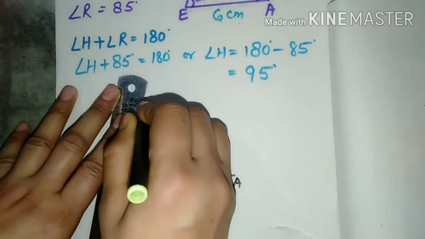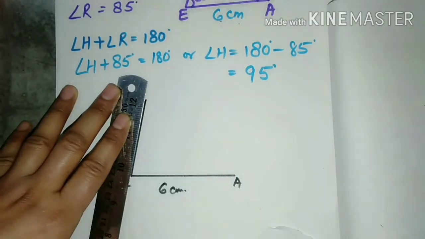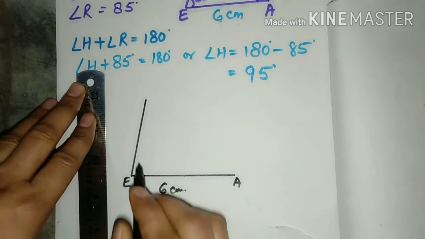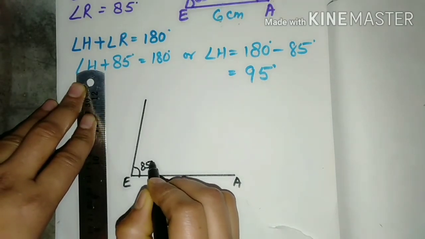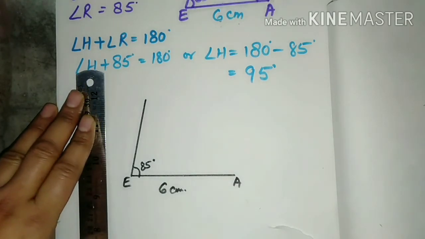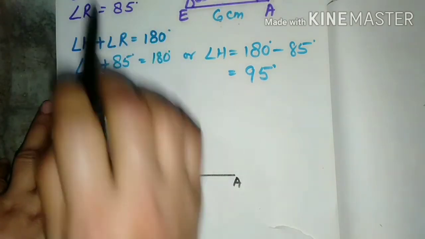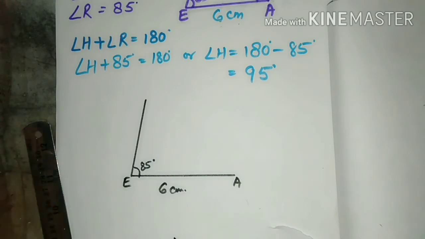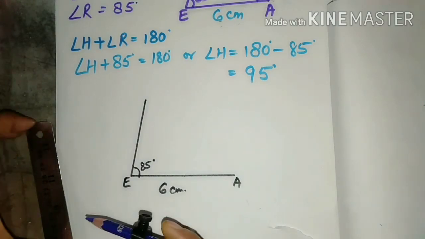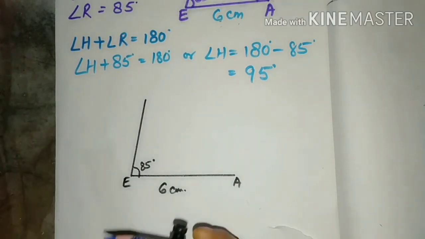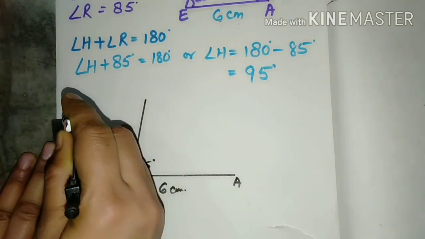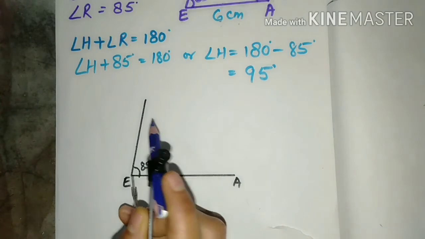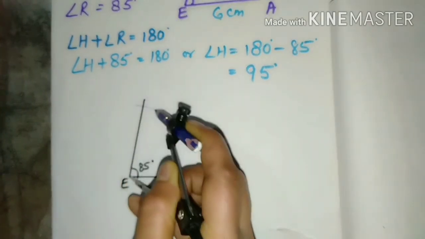So here you have to use protractor. Children, be careful in using the protractor, as this angle we need to have 85 degree. Now it is given HE 5 centimeter. So you have to measure in the scale 5 centimeter and cut it like this.